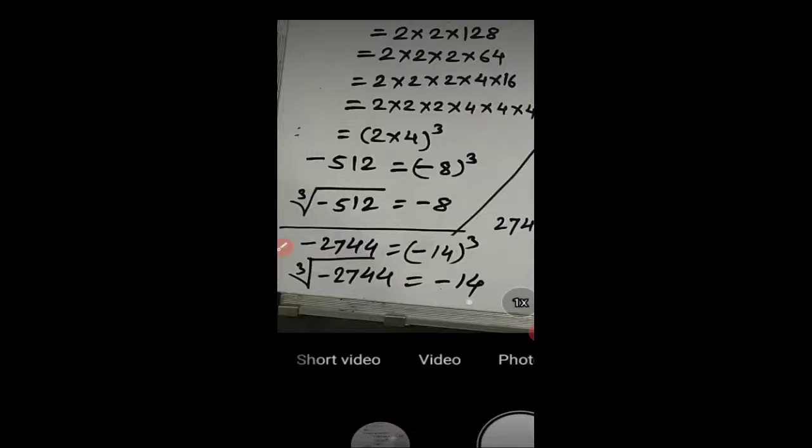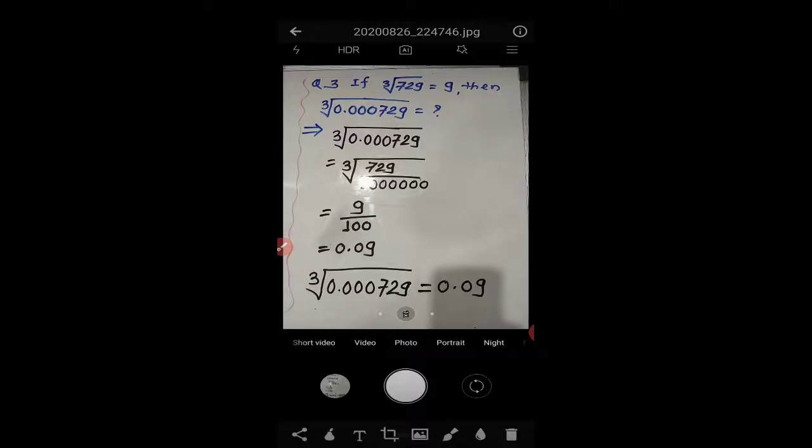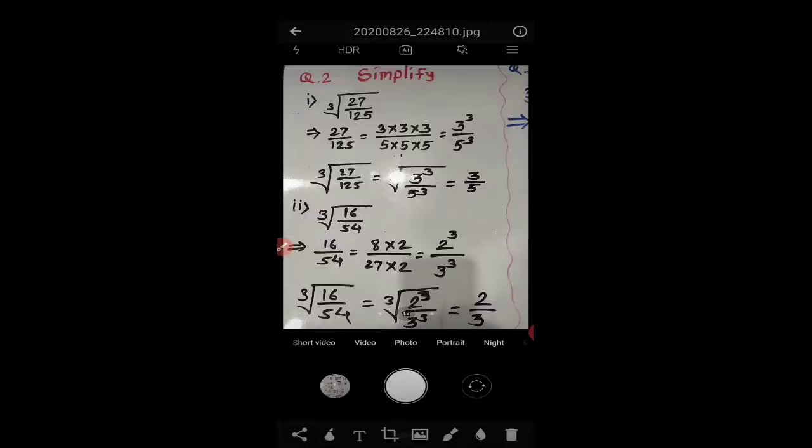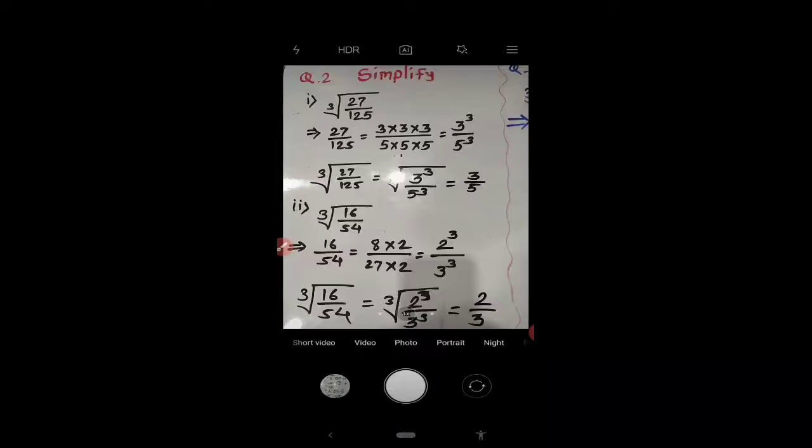Now question number 2, that is simplify. Simplify means we have to write them in the simplest form. The first one is the cube root of 27 upon 125. This 27 is written as 3 into 3 into 3, means cube of 3. 125 is written as 5 into 5 into 5, means cube of 5.